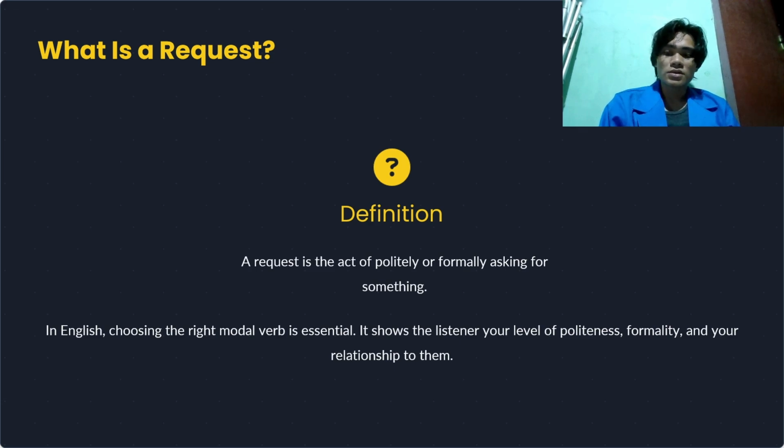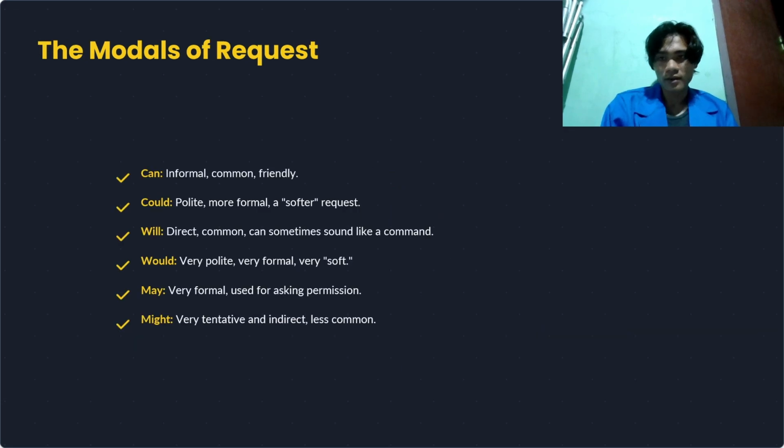In English, choosing the right modal verb is essential. It shows the listener your level of politeness, formality, and your relationship to them. The modals of request. Can is for informal, common, and friendly. Could is for polite, more formal, a softer request.